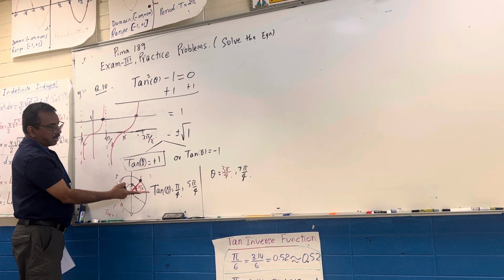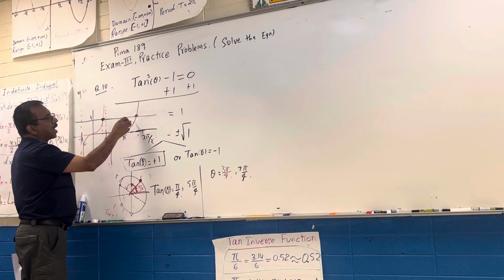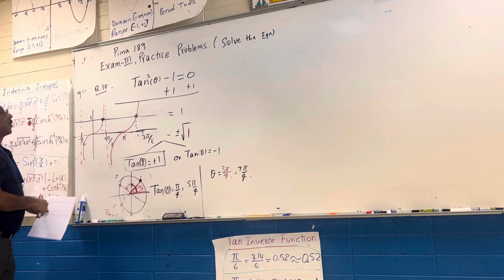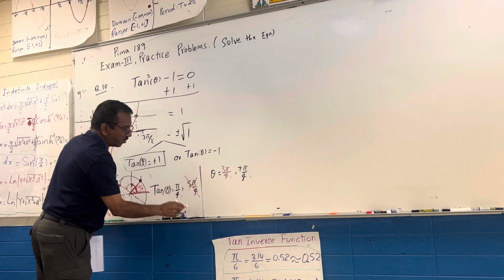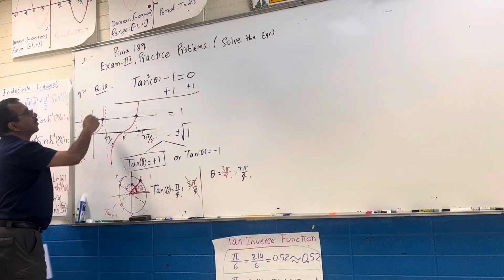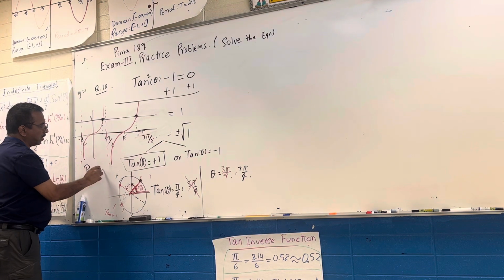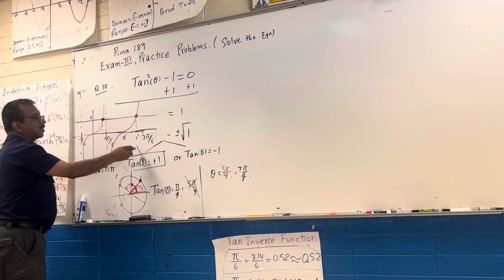So what we got here is that one of the answers is pi by 4 here, and the other one is also a pi by 4 further along. But because the question is asking in general, we don't need this, you just use one of them, because the period of tan is pi. The tan graph cycles and repeats itself.